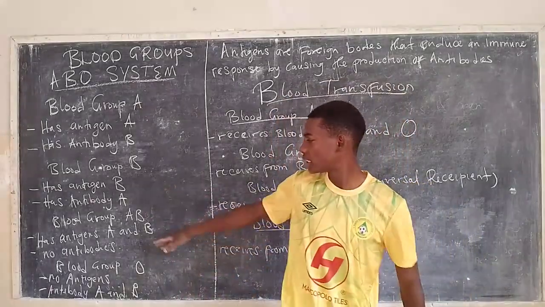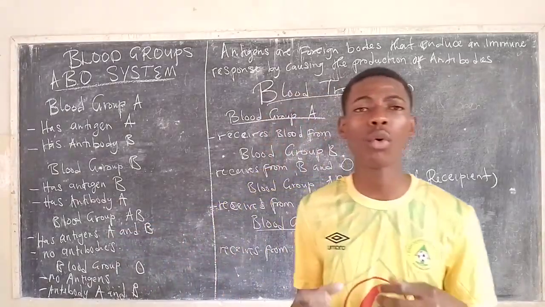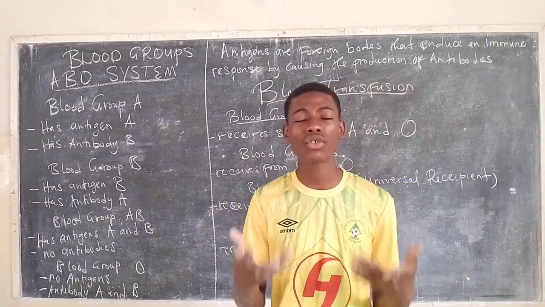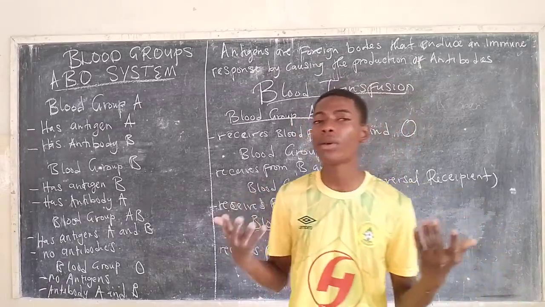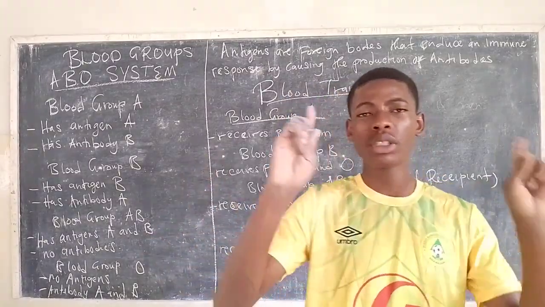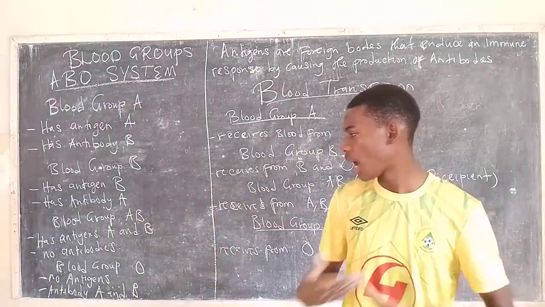Since blood group AB contains the antigens of A and B, it simply means it should not contain any antibodies, because if it did, there could be self-agglutination, whereby there could be an antibody-antigen reaction because of the presence of both A and B antigens.